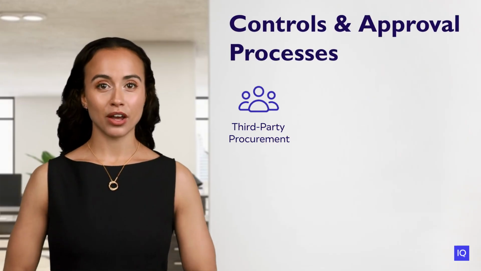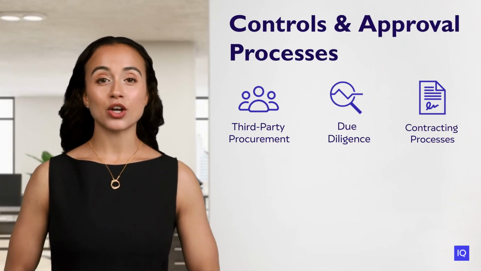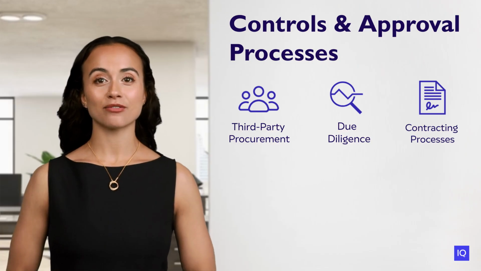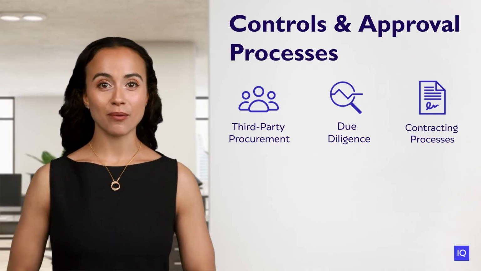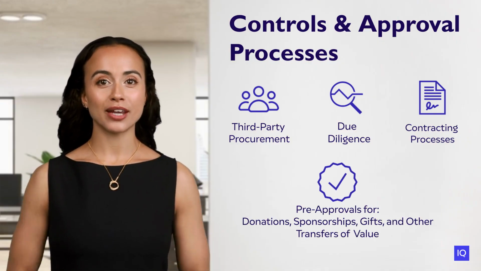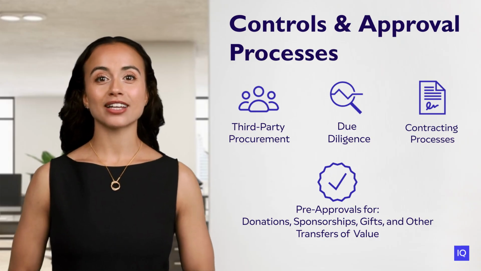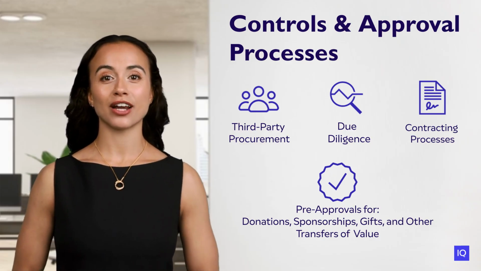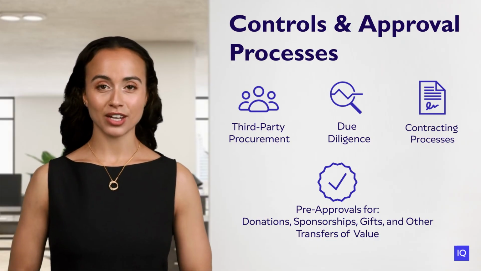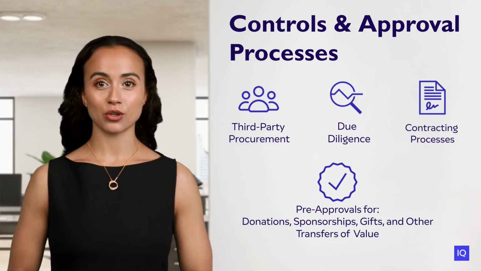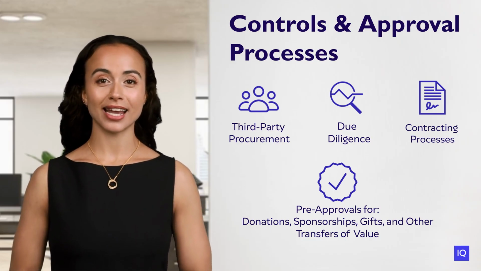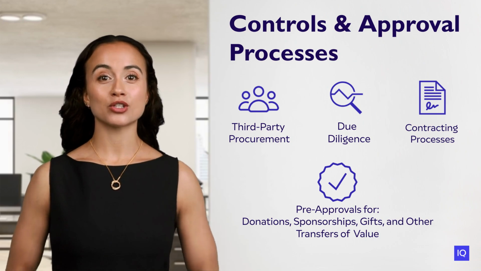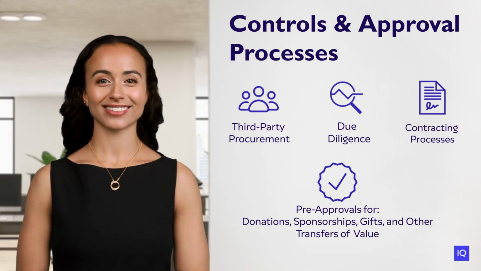For example, third-party procurement, diligence, and contracting processes are put in place to validate the bona fides of third parties and avoid the hiring of sham vendors. Pre-approvals for donations, sponsorships, gifts, and other transfers of value ensure that they are vetted before they are incurred. These are just some examples of internal controls and processes that organizations put into place, and there are many more that ensure a strong controls infrastructure.